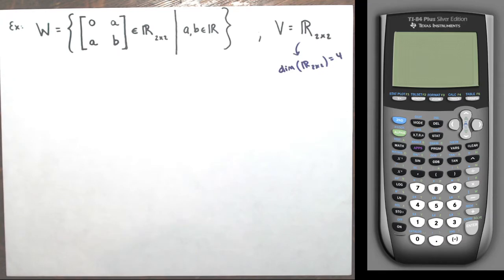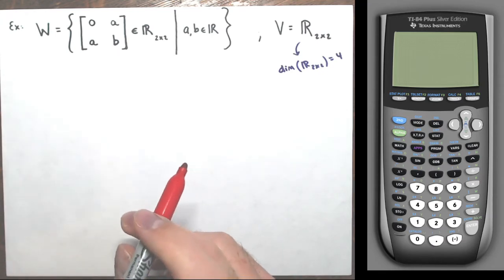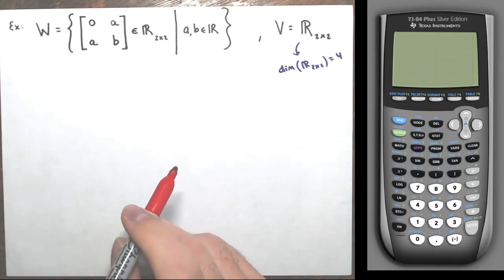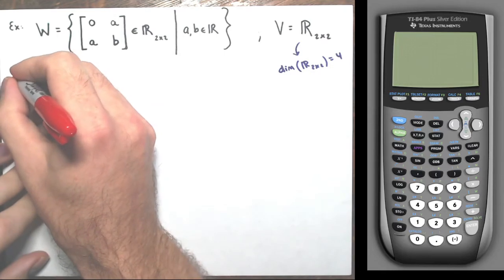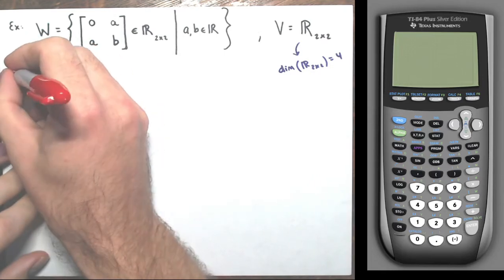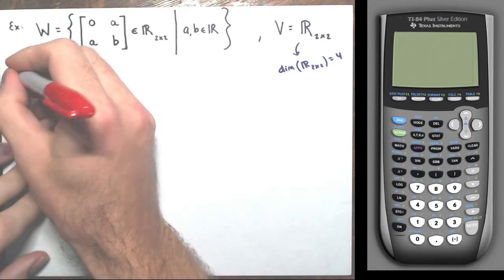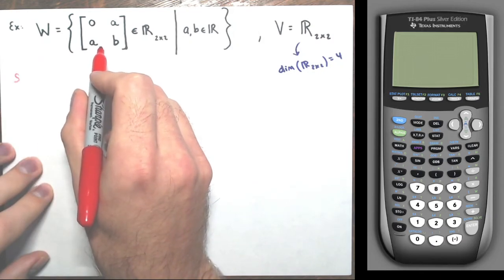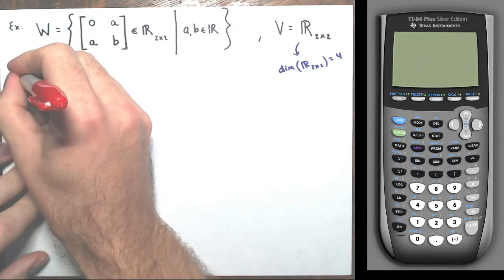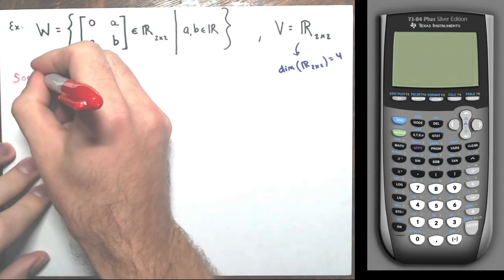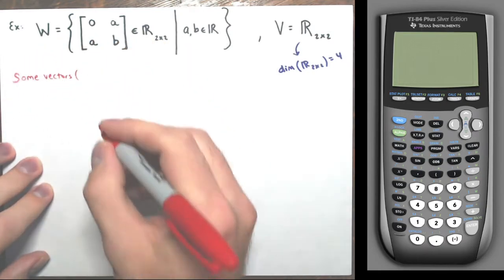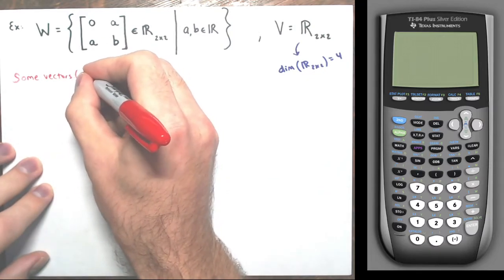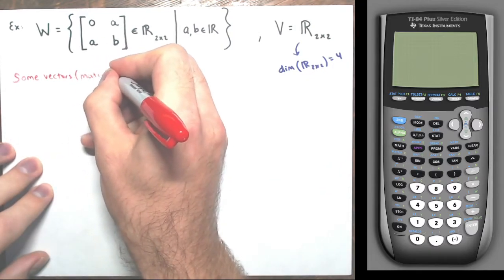Alright, now again, like I did last time, and like I usually like to do when I'm given a subset of a space, let's think of some vectors that would be in here before I go into talking about what the general vector in there looks like. I mean, you already see what the general vector looks like. They gave it to us. So here are some vectors in W. Now the vectors this time are 2 by 2 matrices instead of polynomials like before.